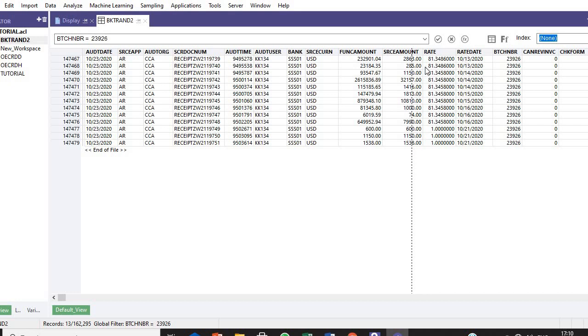An exchange rate of 81.3486 and 81.3458 was applied. Various, but generally the exchange rate is around 81. So these ones at the top were correctly converted, but these last 3 were not correctly converted. So there's a problem here with conversion.